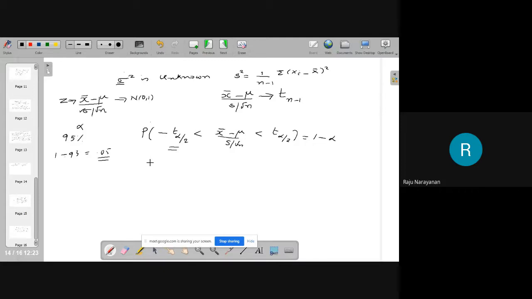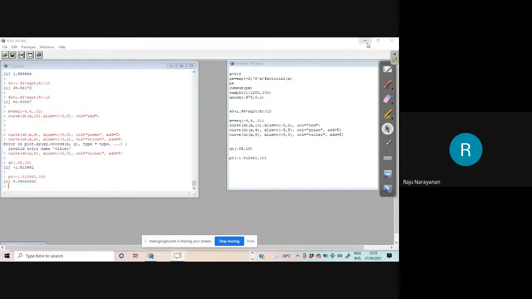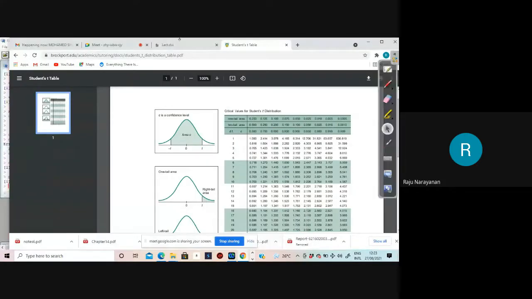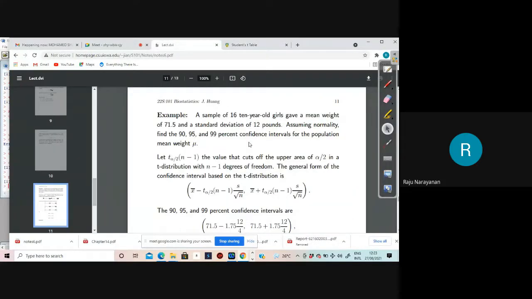Okay, now we will do one problem, taken from that article. A sample of 16 10-year-old girls. All those things are immaterial for us.